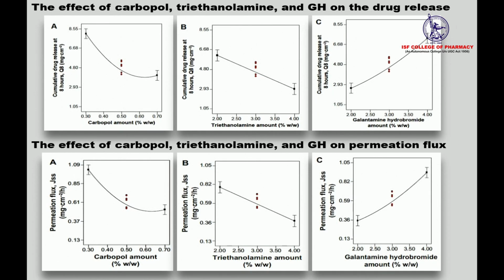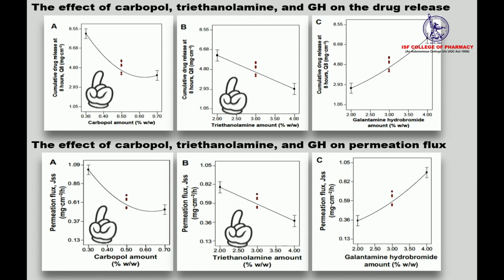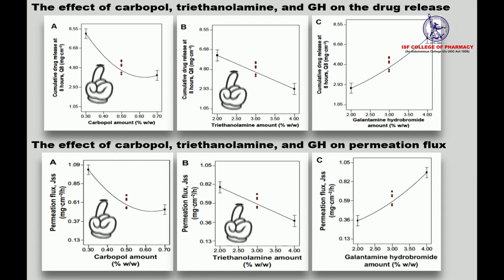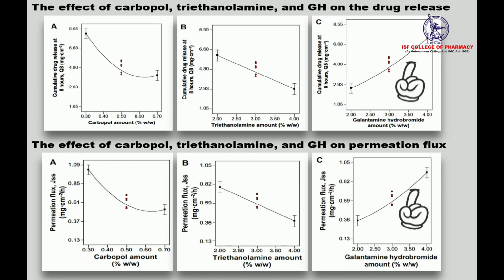The effect of individual ingredients on Y1 and Y2 was investigated in these 2D graphs. The increase in carbopol and triethanolamine showed inverse or negative correlation with both cumulative release and permeation flux. However, galantamine hydrobromide concentration showed positive correlation with both of the dependent variables.